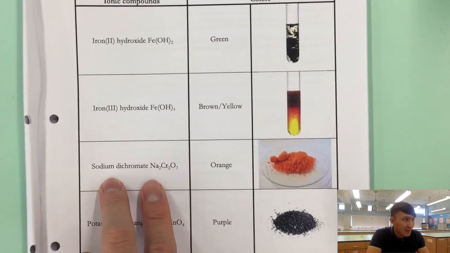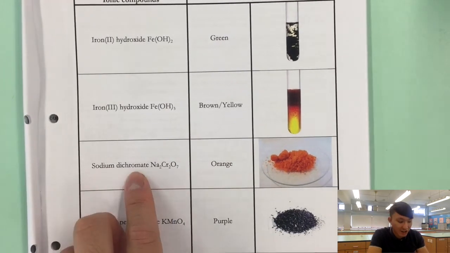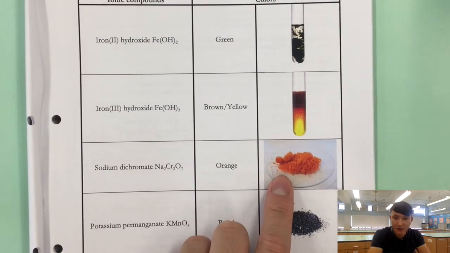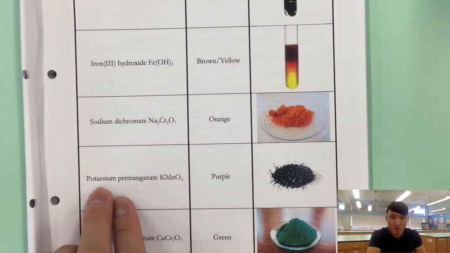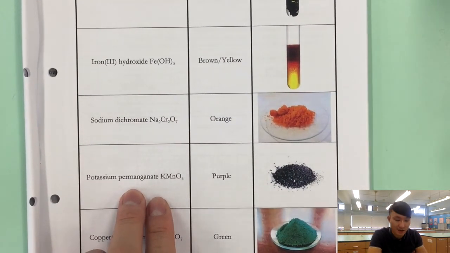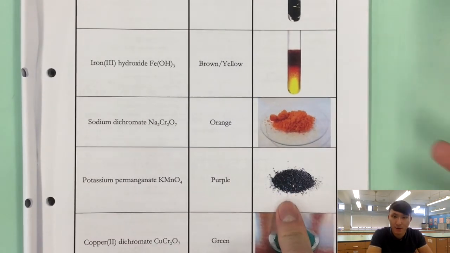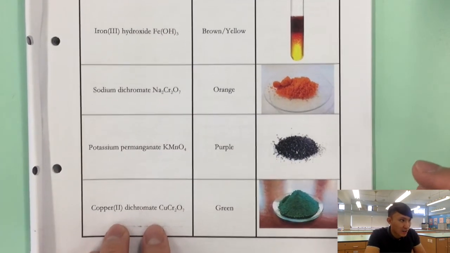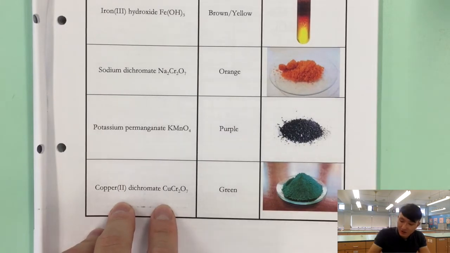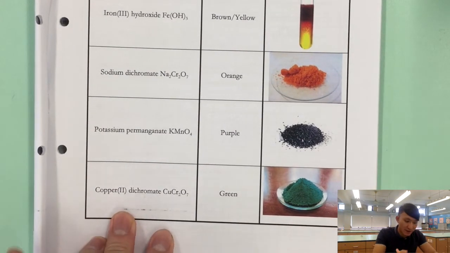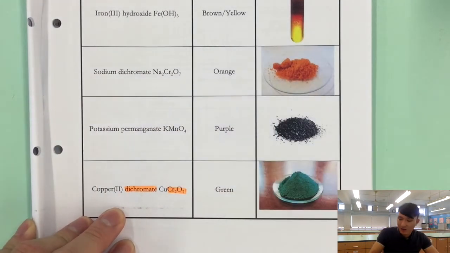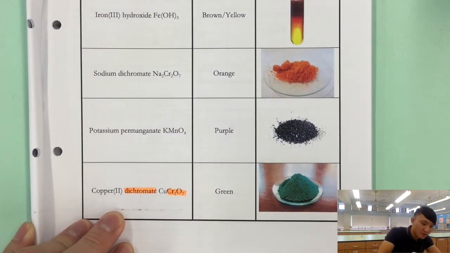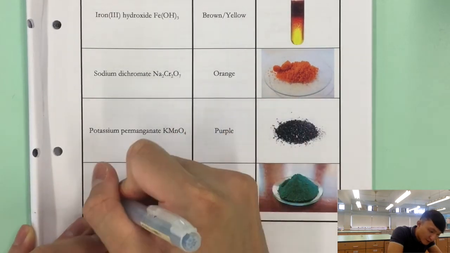Sodium dichromate. Sodium ion has no color. Dichromate is orange. Therefore, the solid is orange. Similarly, potassium permanganate. Potassium ion has no color. Permanganate is purple in color. Therefore, the solid appears purple. Now this one is a tricky part, because you notice that dichromate is orange and copper(II) ion is blue.